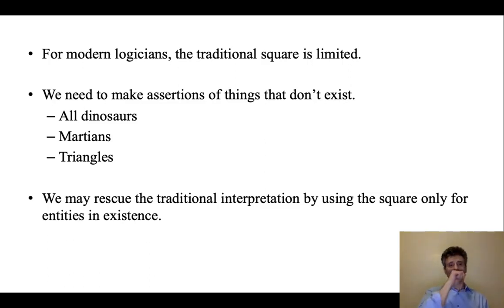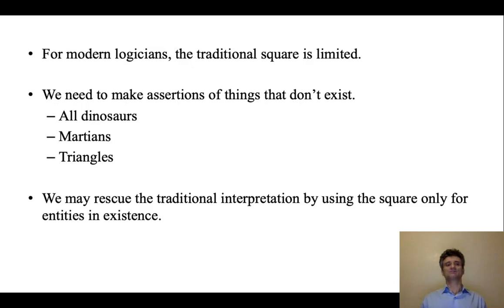So for example, if I say to you that all dinosaurs are big animals, or that all Martians are green, or all triangles are geometrical figures that have exactly 3 sides and the internal angles come up to 180 degrees.